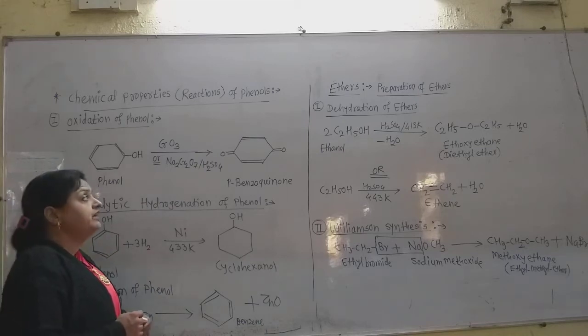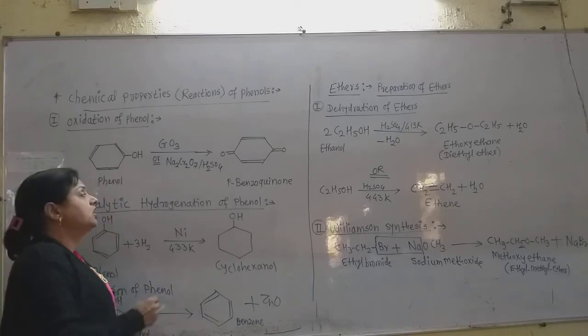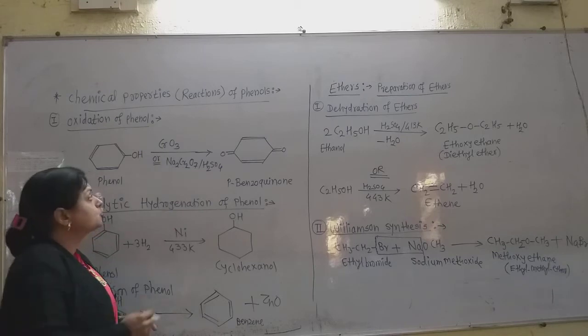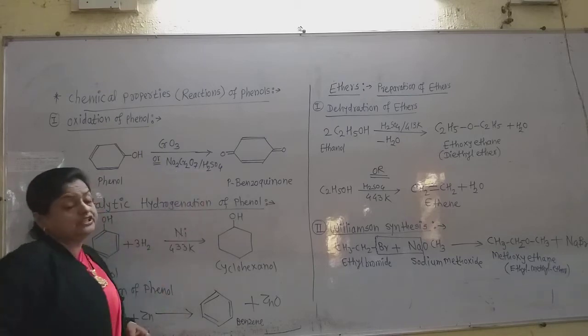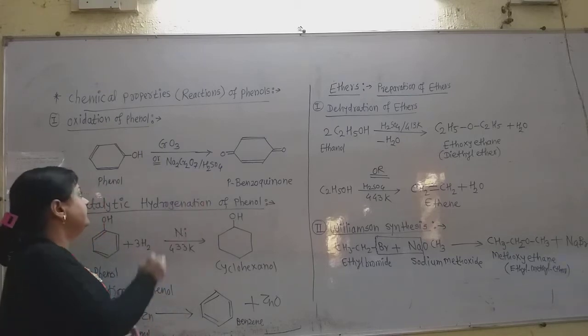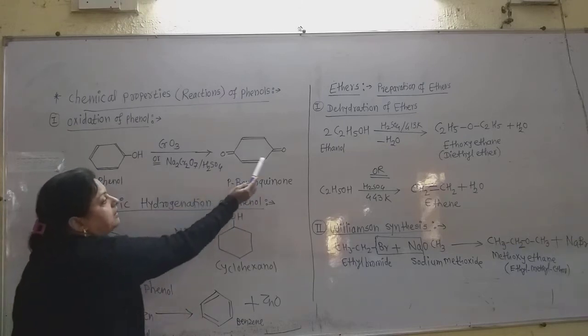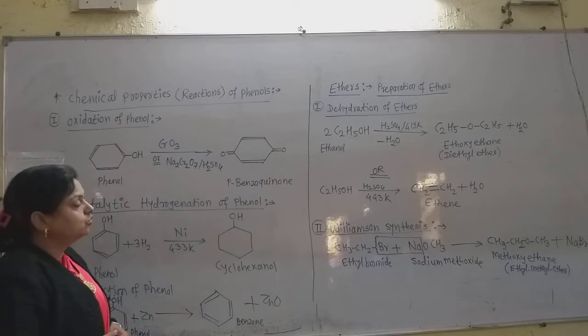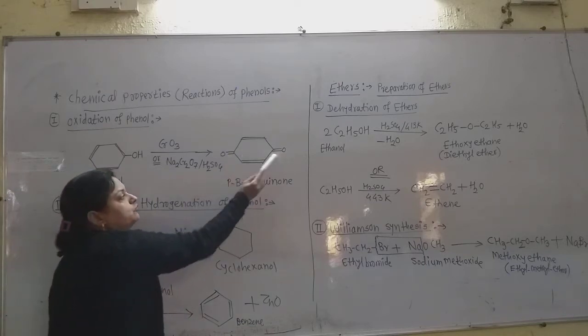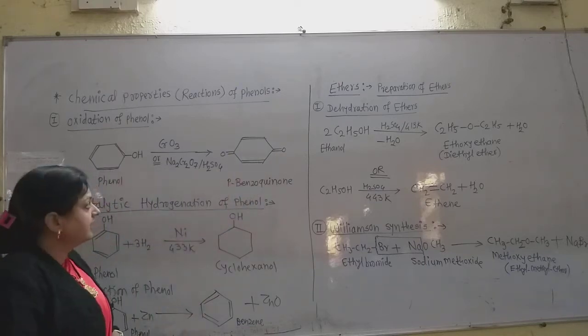But when we oxidize this phenol with the anhydrous chromic oxide or sodium dichromate in the presence of sulfuric acid, then it directly forms the parabenzoquinone. Now at both para positions, there is an oxygen atom.